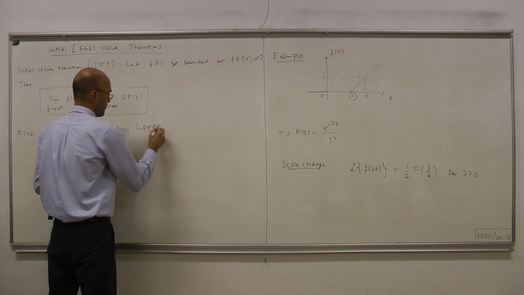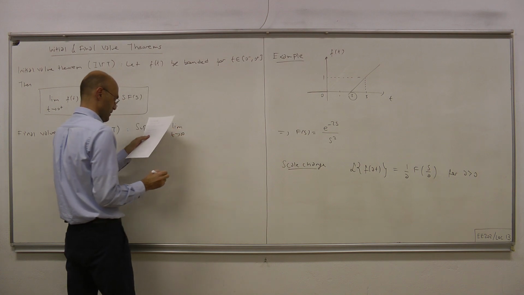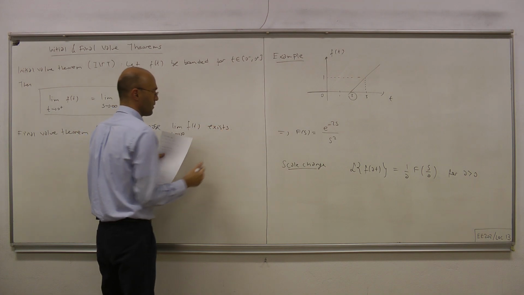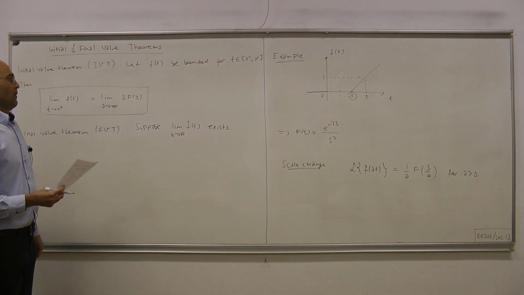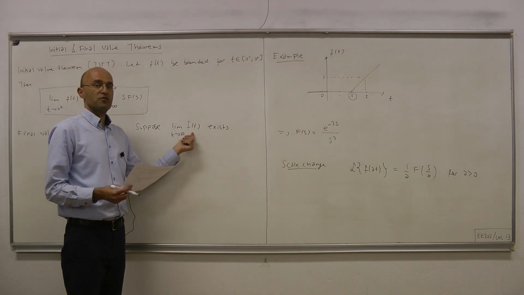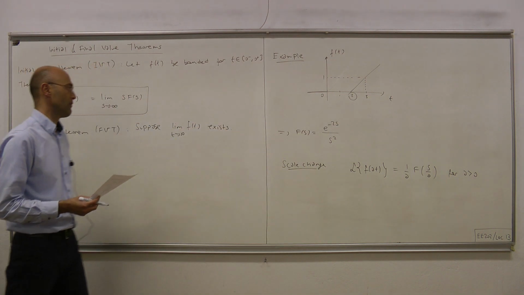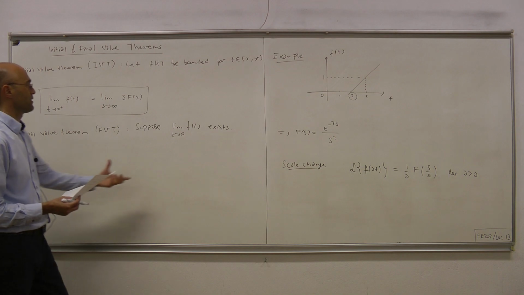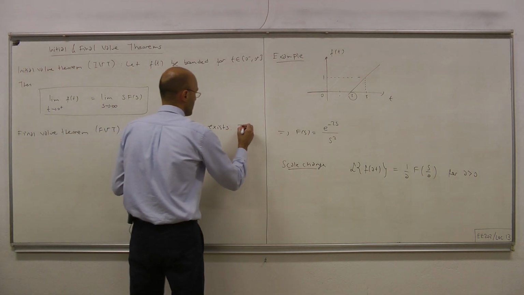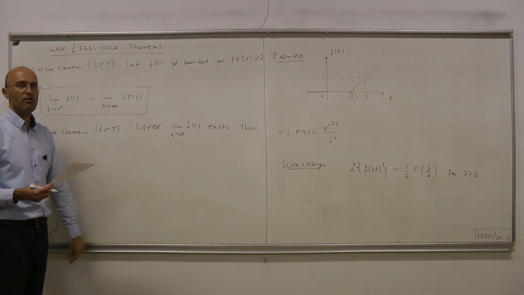Suppose the limit as t goes to infinity of f of t exists. For instance, a cosine omega t will not satisfy this assumption because it never converges, it keeps oscillating forever. But if this limit exists somehow, then it can be computed using the Laplace transform of f of t.